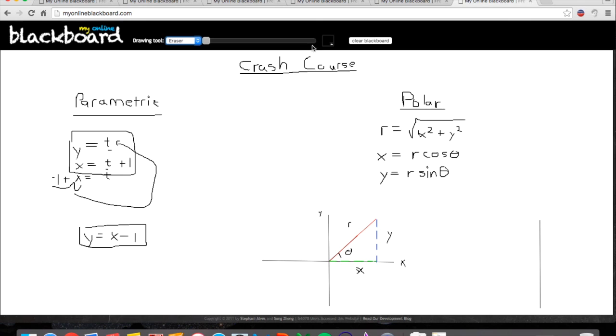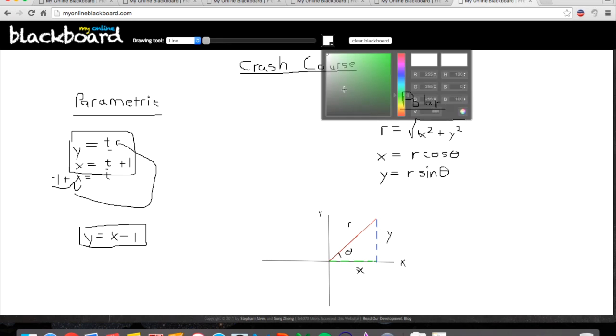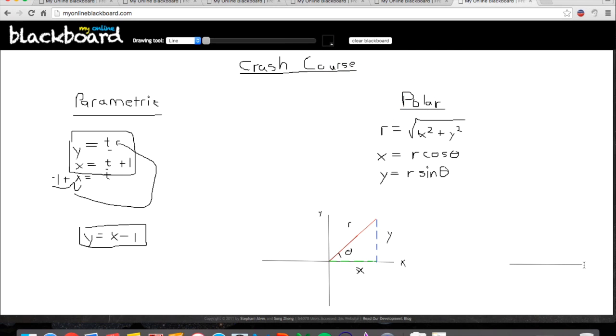Basically, the polar coordinate system is based on circles, and we use them mainly in trigonometric functions. So you have an r-axis just like this, but then after that, you raise it to some theta, some angle on a circle. So you're going to have a system that basically looks like this.